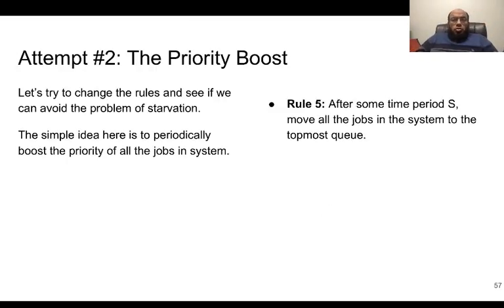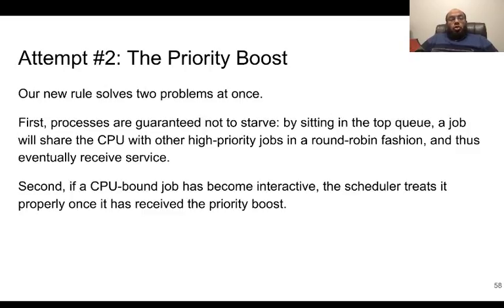So another approach to actually solve the MLFQ problem is to have a priority boost. It's a very simple idea, and that is basically after some time period S, you move all jobs in the system to the topmost queue. So this solution actually solves the two problems because anything that was on Q0 will jump to Q2 and will be scheduled every S time units.